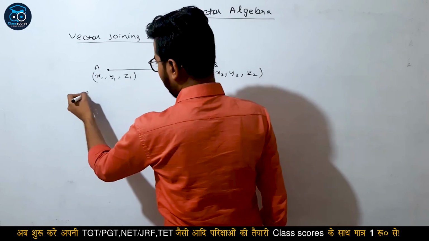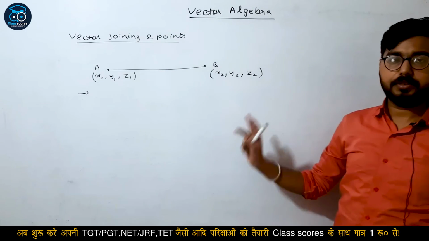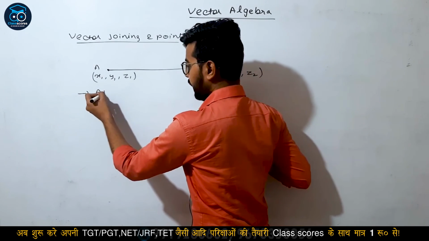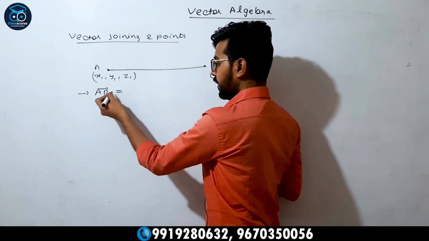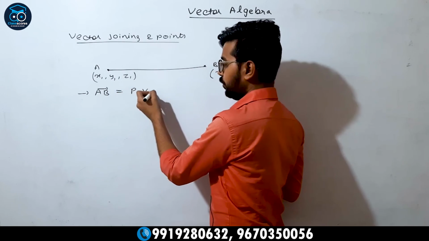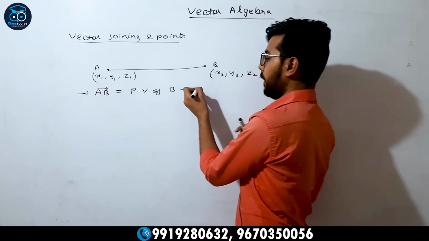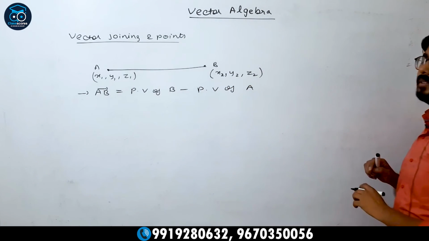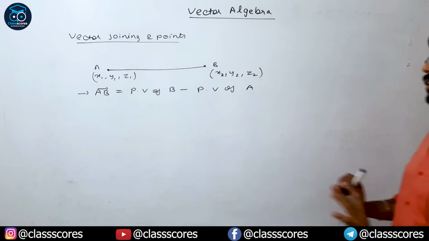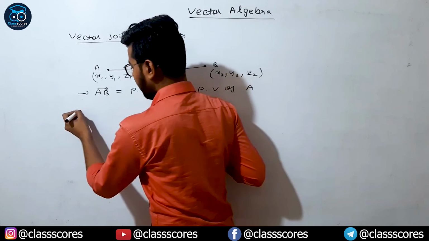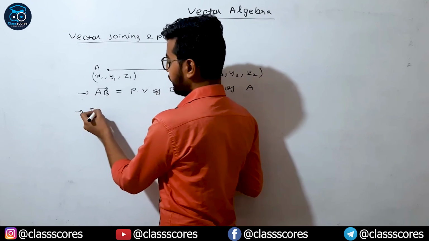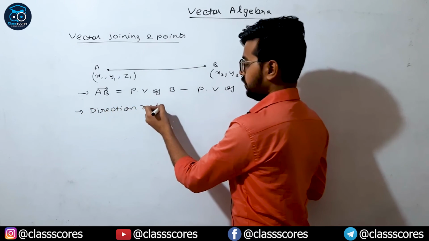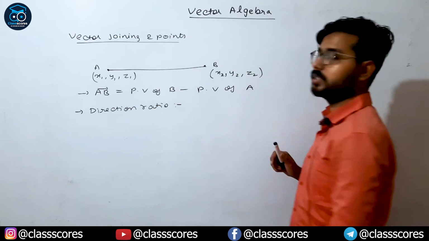Now we know very well how to find the vector of this line segment. We have to find AB vector. How can we find AB vector? The position vector of B minus position vector of A. First thing is clear. Now second, how can we find the direction ratio of this given line?